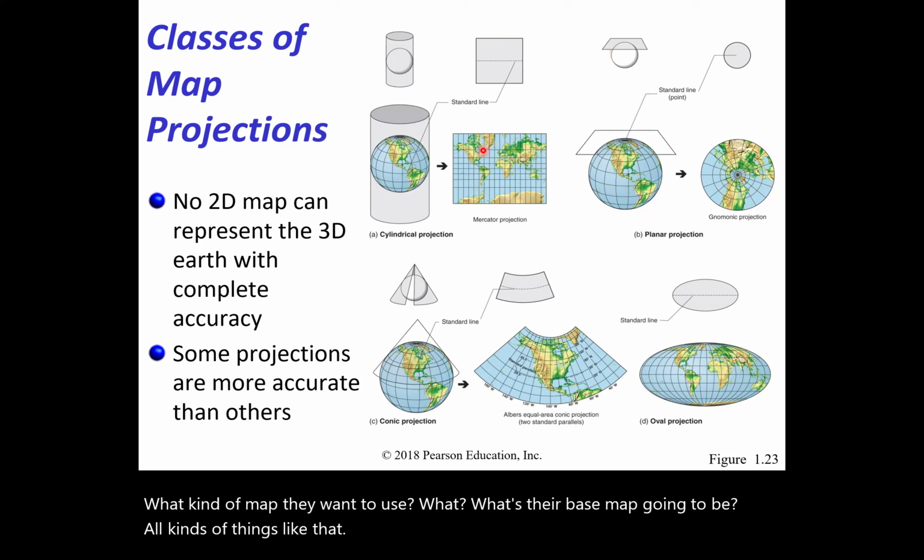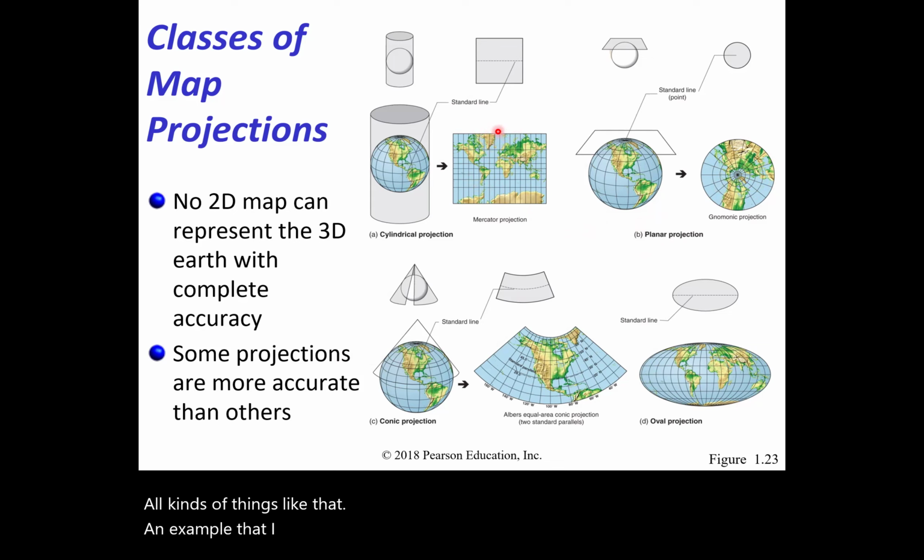An example that I like to give with distortion is looking at the Mercator projection map and seeing just how huge, first of all, Antarctica is, and also Greenland. At the poles, they are very stretched out.